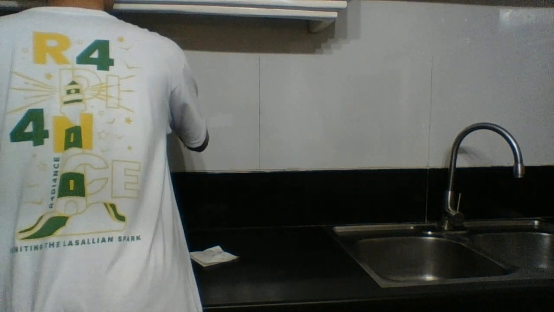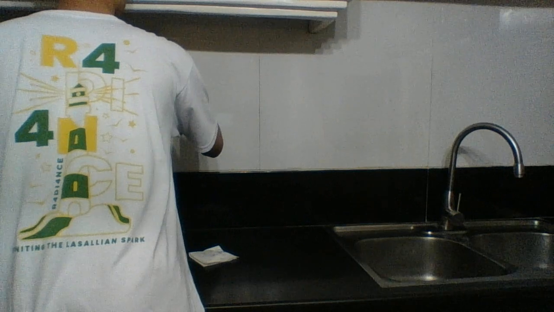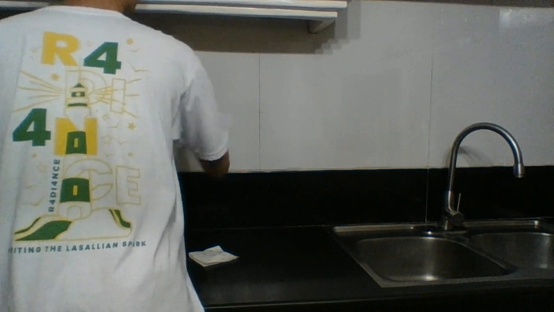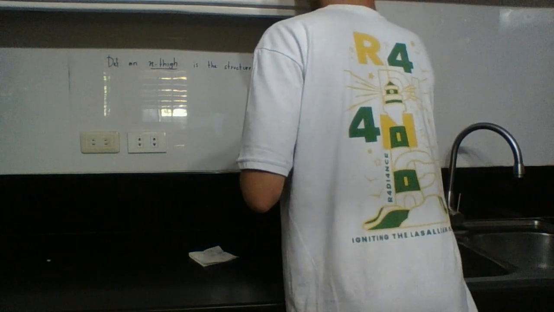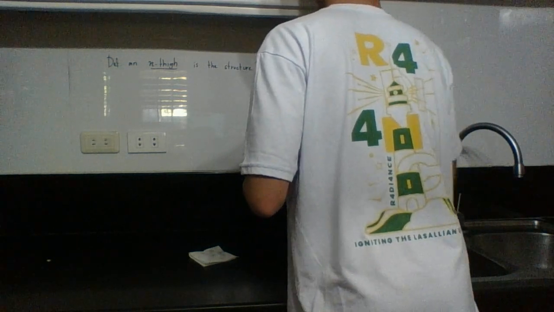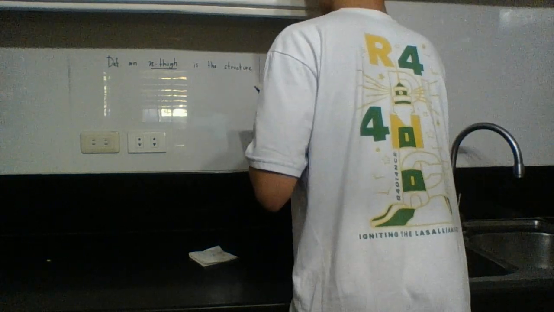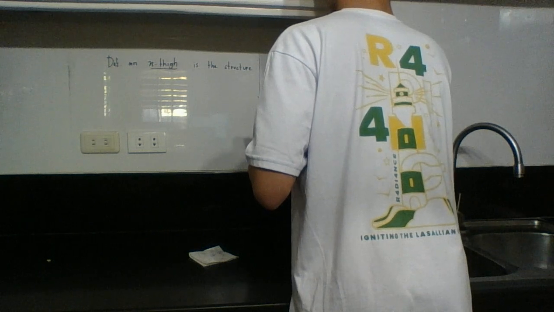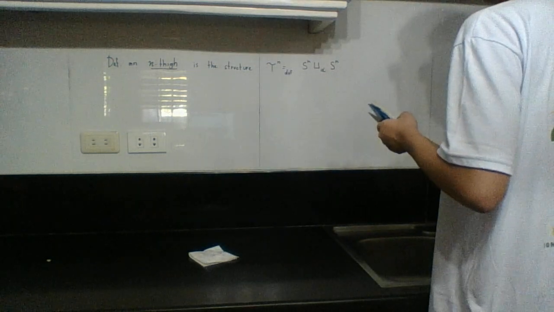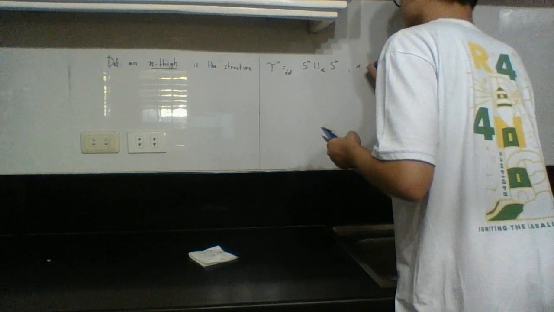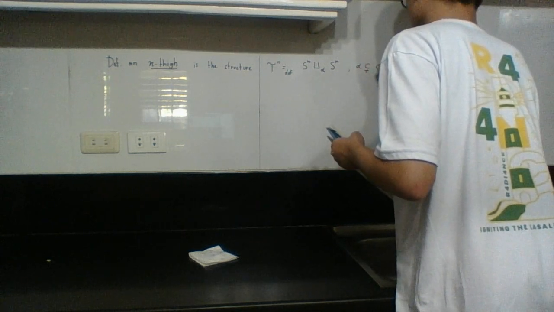An n-thigh is the structure T to the n, which is equivalent by definition to a gluing between two n-spheres, and alpha is inside but not the entirety of one of these n-spheres.